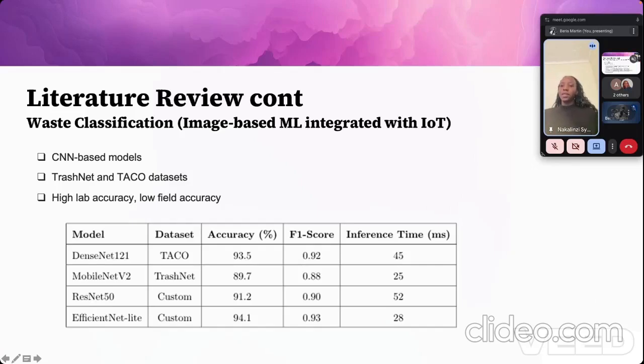The next slide, the waste classification. Here I showed a table which classifies the different data sets and their different accuracies and times. We have the CNN based models, the TrashNet and the TACO data sets, and they show high lab accuracy and low field accuracy.